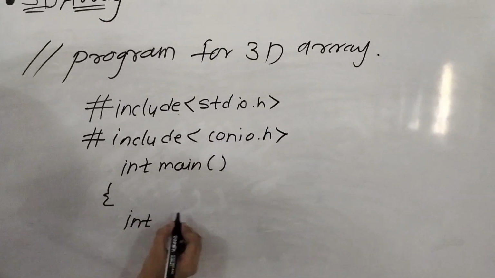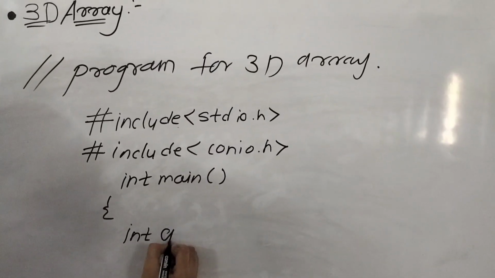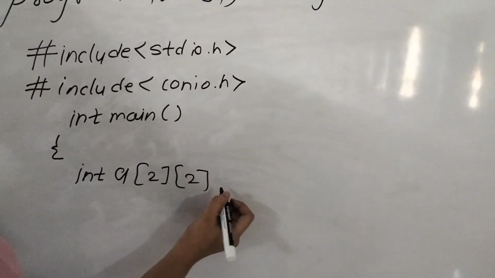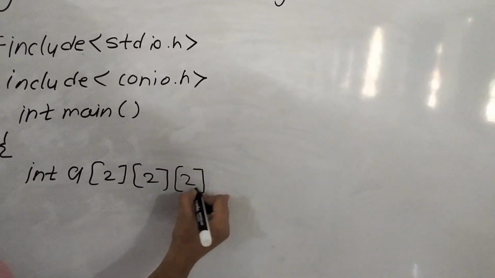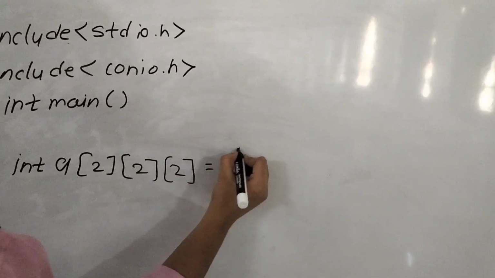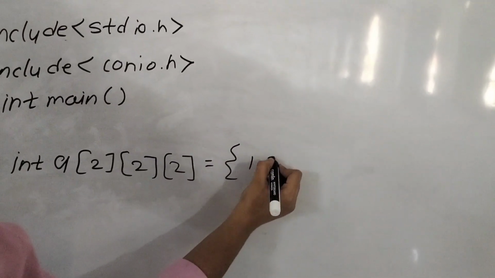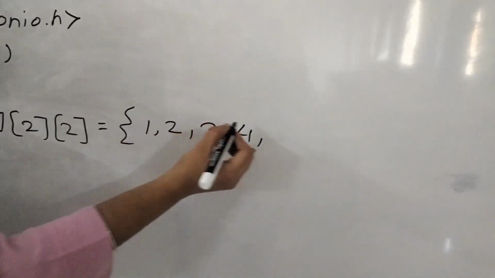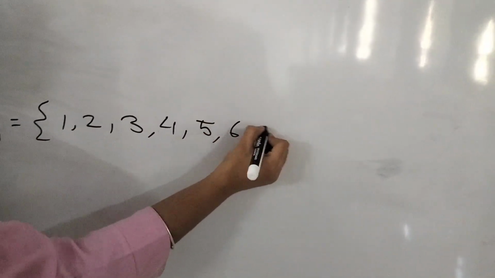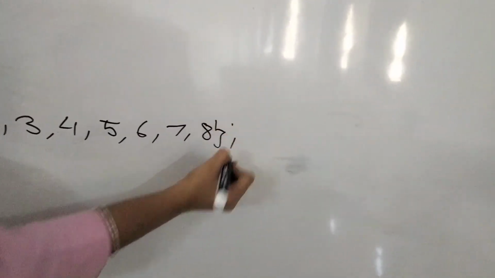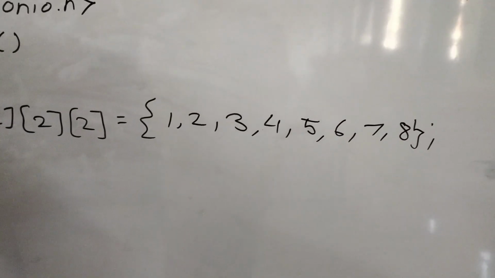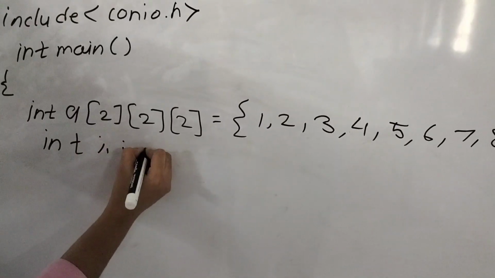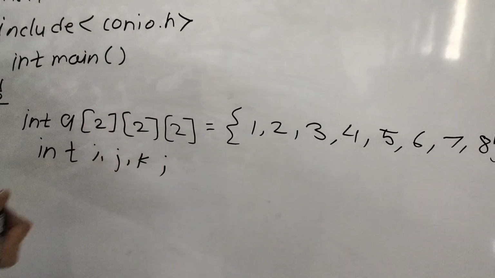So write first int a as per our syntax. So next write int i, j and k, semicolon.